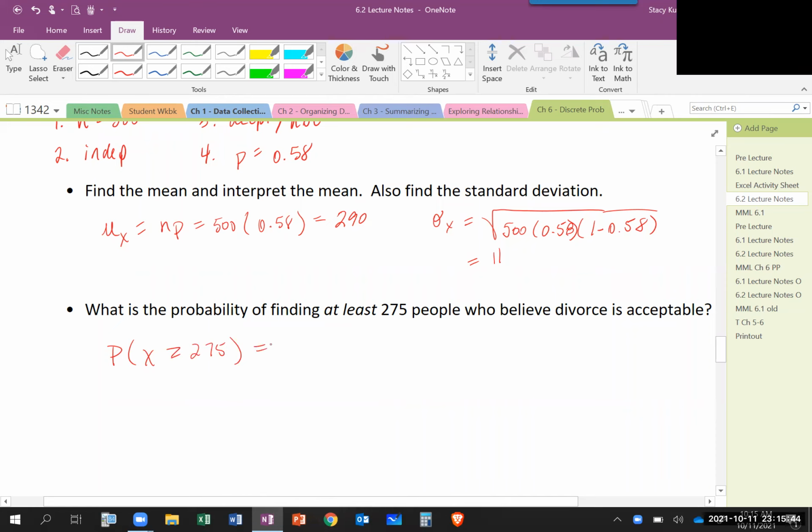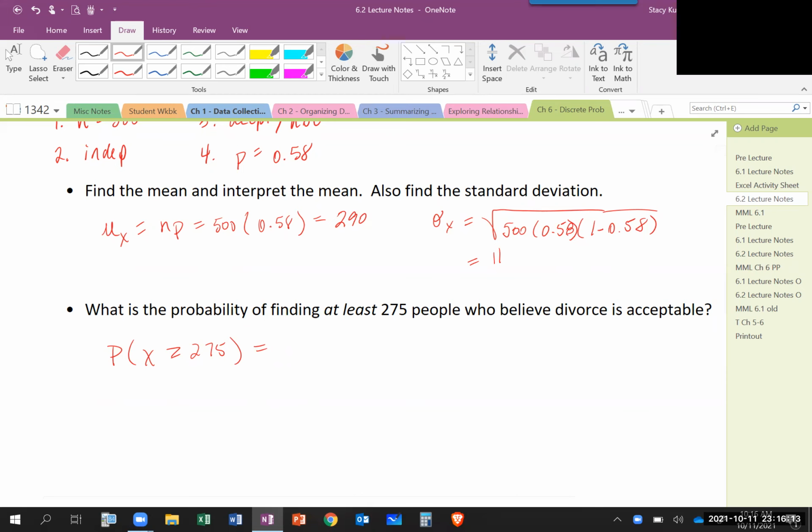Remember that variable is changing. The variable X is the people who believe it's acceptable. Variable X would be our successes, right, out of the sample. So what's the probability that I have at least 275 people who believe it's acceptable? Okay, that's a little bit more of a broader range, right? That allows me to look at it as a little bit less of a finite value.